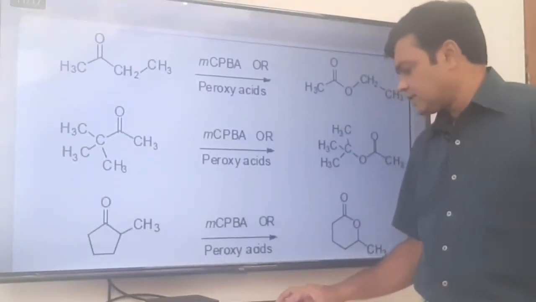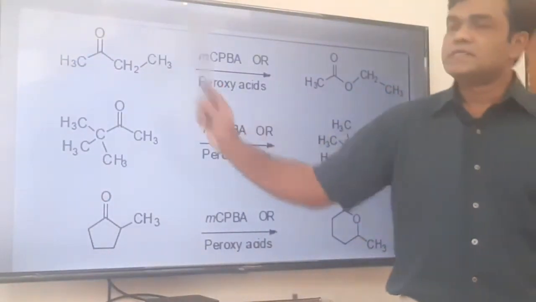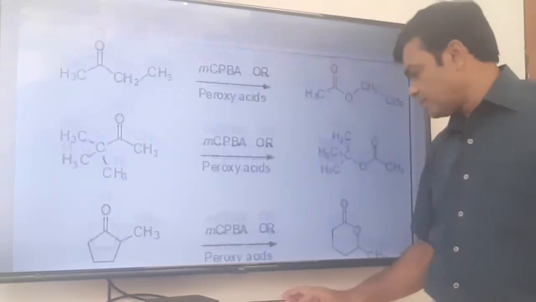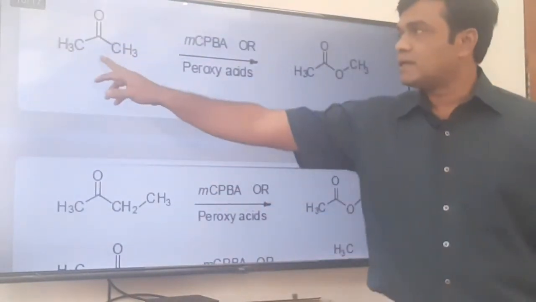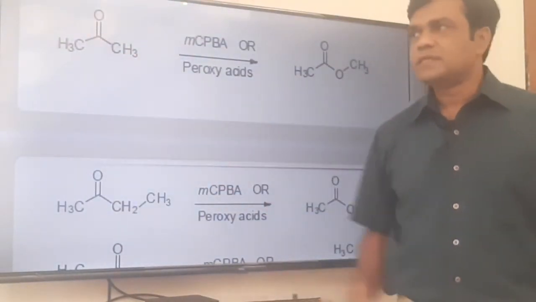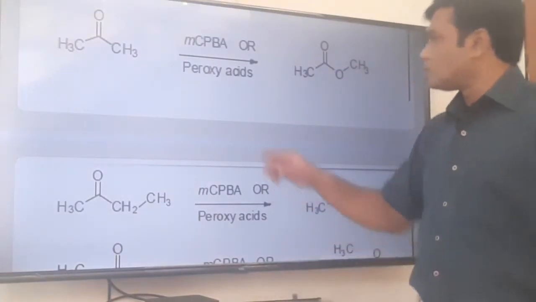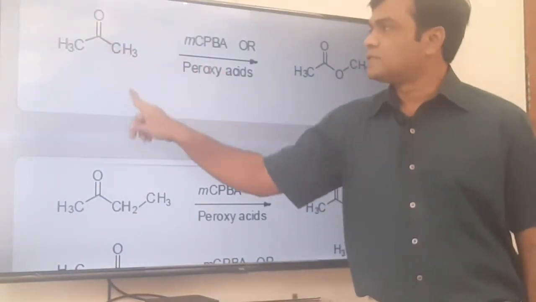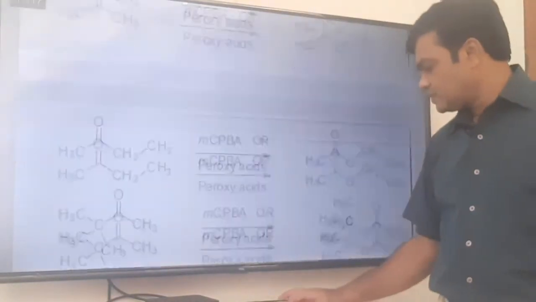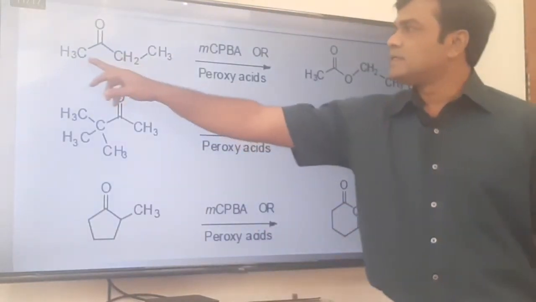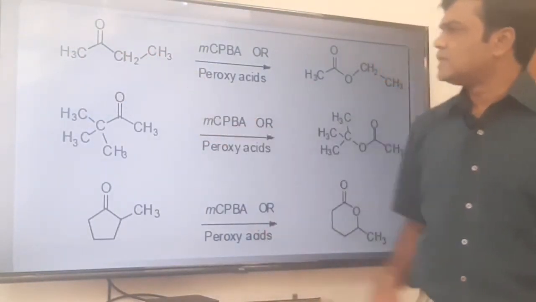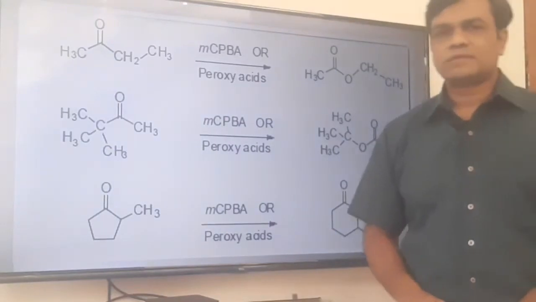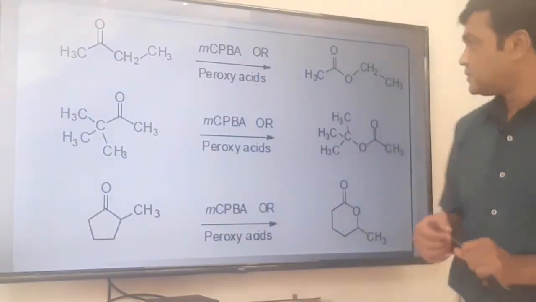Yes, it is interesting. Now this ketone is unsymmetrically substituted. The previous example is symmetrical, acetone. From both sides methyl is there. So there is no issue whether the oxygen is added from this side or this side. But in case of a mixed ketone, here you see from one side methyl is there, from the other side ethyl is there. From which side the oxygen gets incorporated, that is interesting.